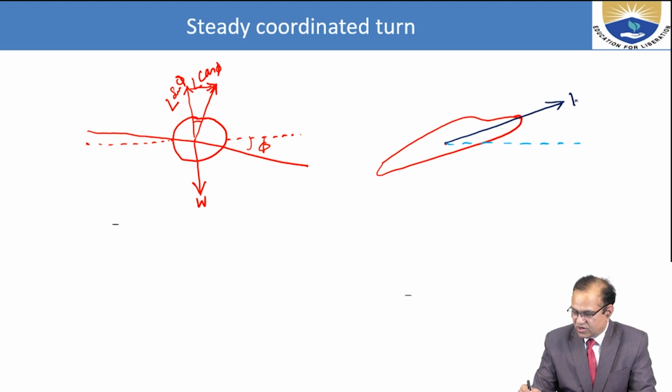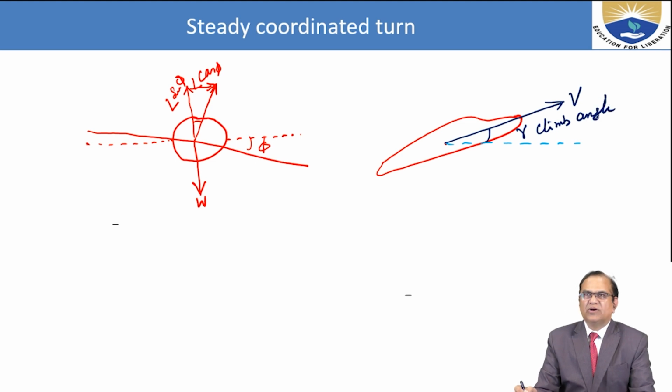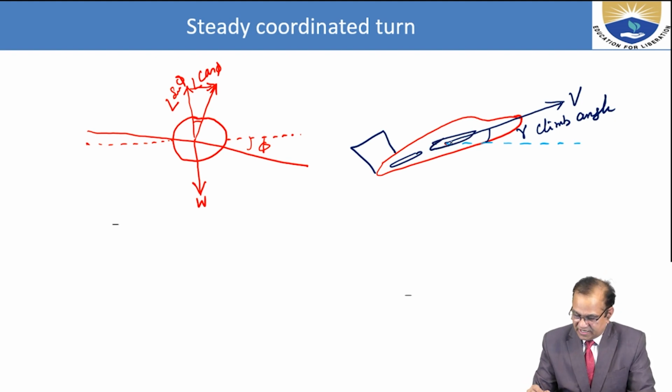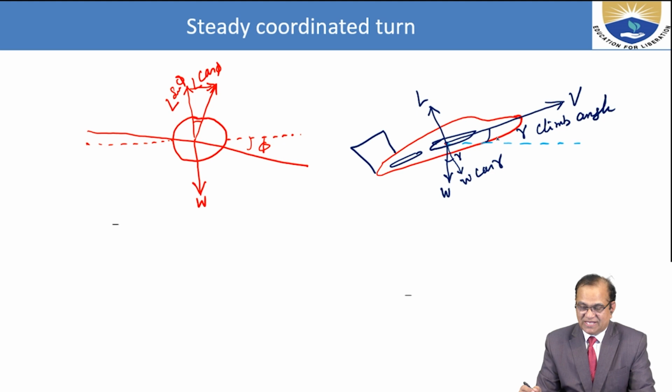This is your velocity V line, and this angle is gamma, the climb angle. And this is the wing. Here is the weight, and lift will be perpendicular to this. This is the lift, this is gamma, and this is W cos gamma. This lift has to balance the W cos gamma.